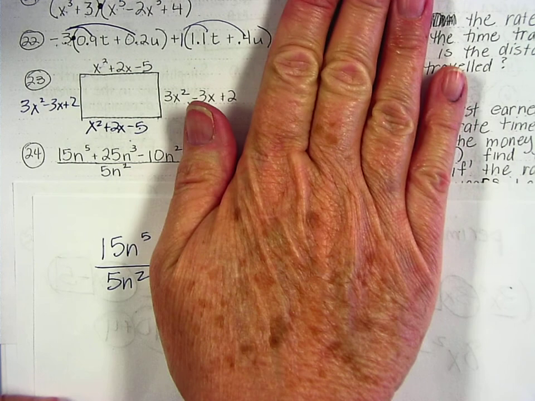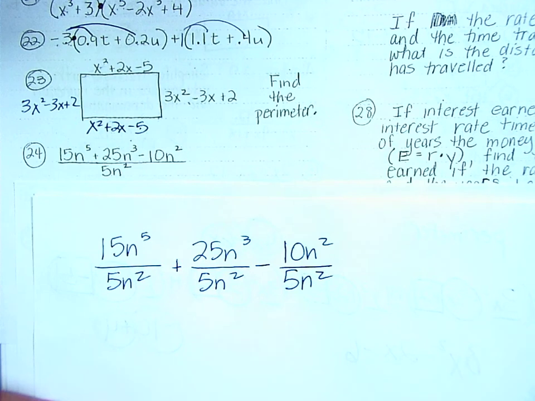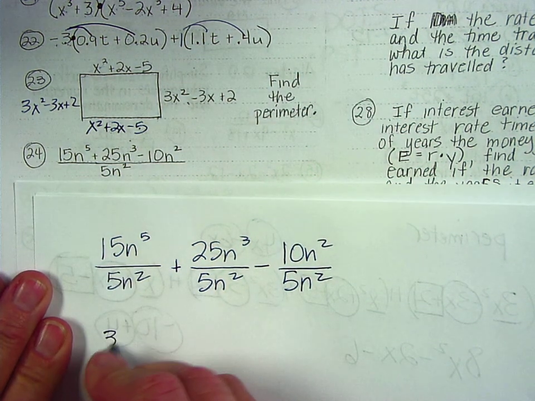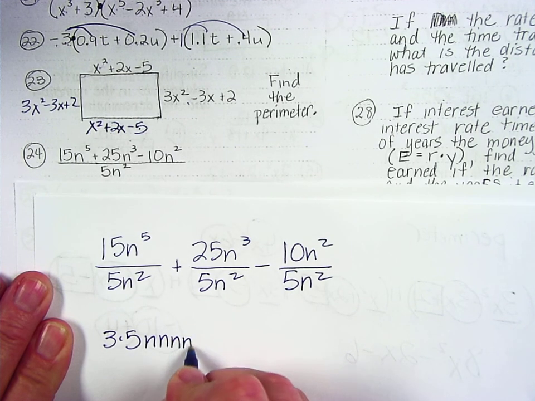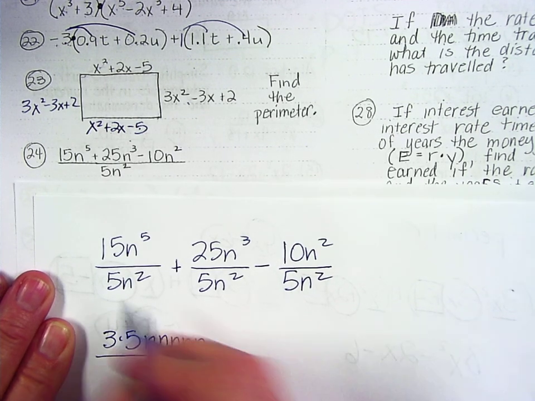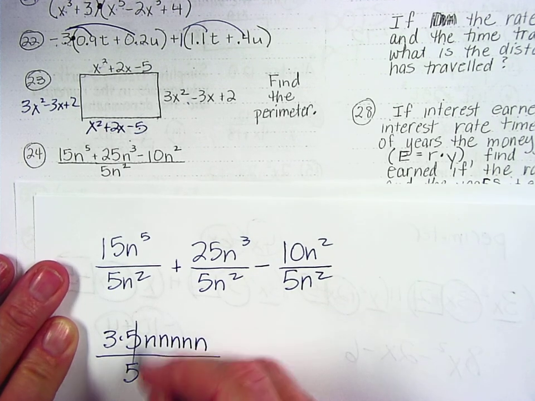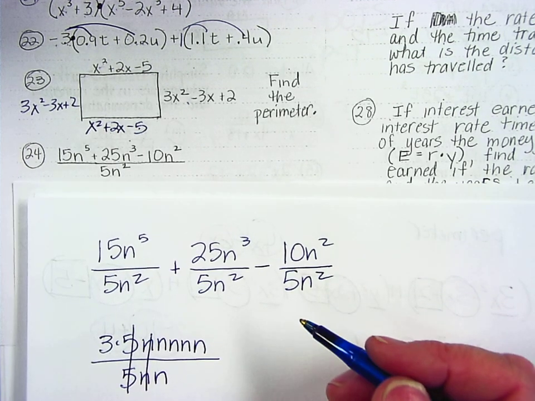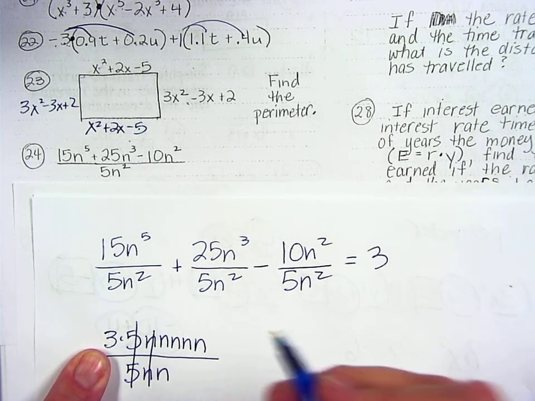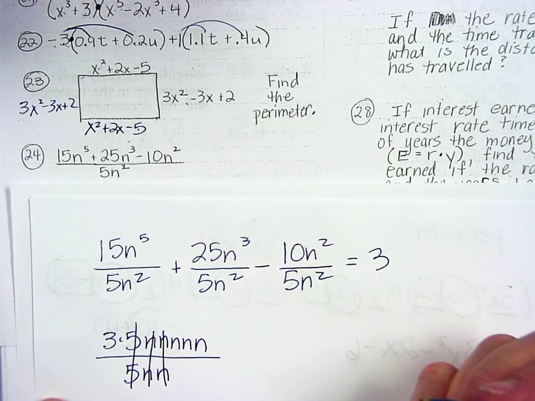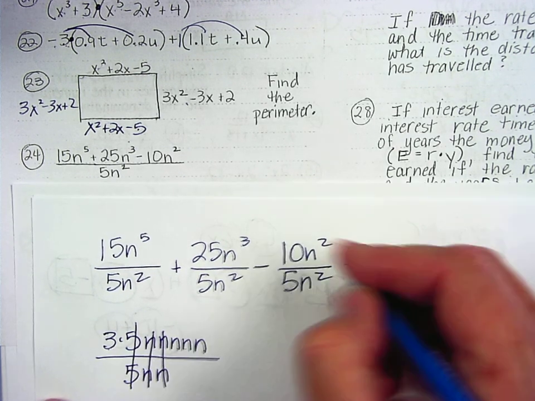Now, we're going to take each of these separately and simplify them. So, 15 can be written 3 times 5, and n to the 5th is n times itself 5 times. And in the denominator, I have a 5 and I have n squared. Cancel, cancel. So that gives me 3. Oh, cancel one more. 3n to the 3rd in my numerator.